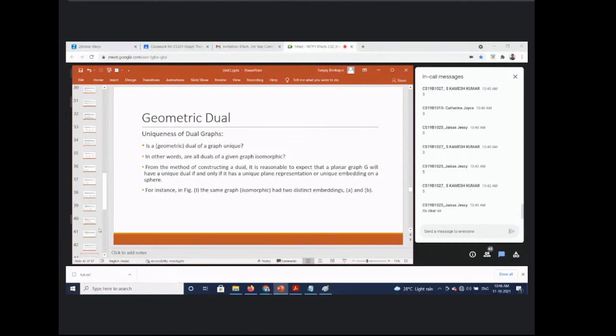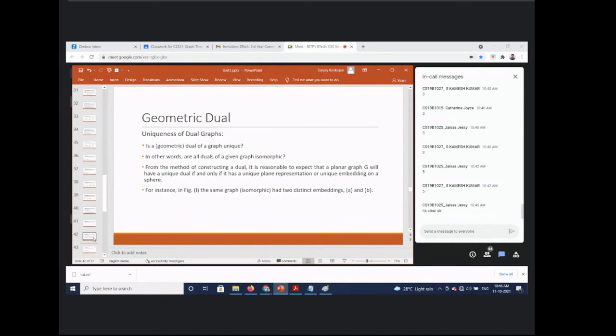Now for those 2 representations, we figure out the dual for each embedding, and we get graphs. Are those 2 dual graphs isomorphic? Are they unique? Because the 2 representations of the given graph are isomorphic to each other. That is the uniqueness of the dual graph we are trying to understand.